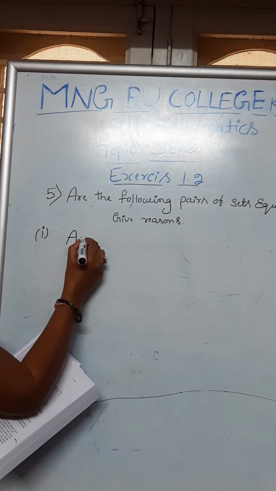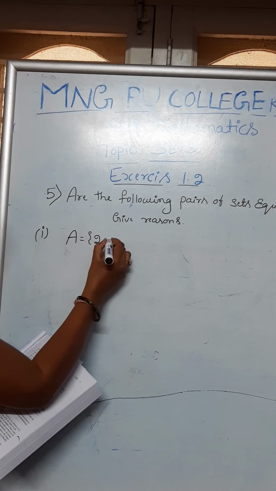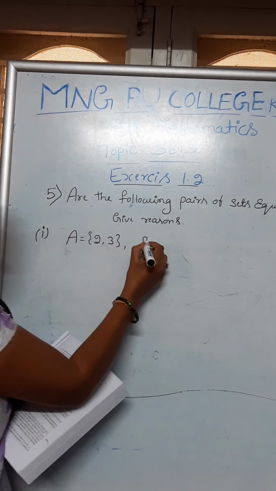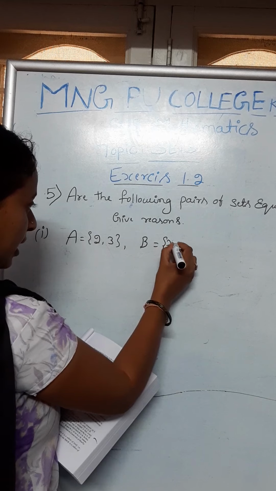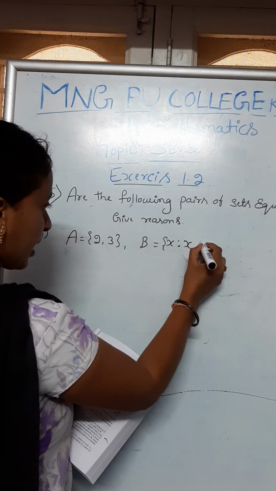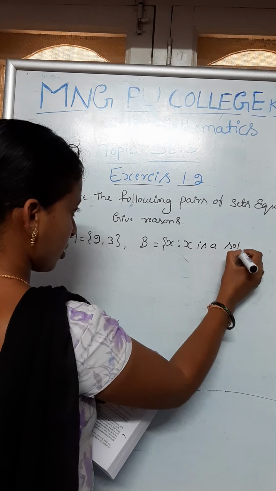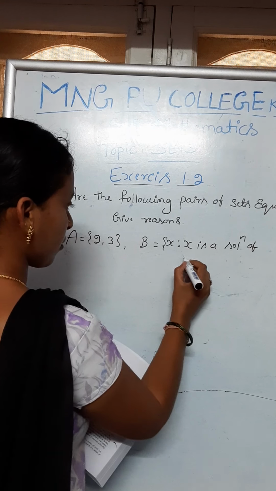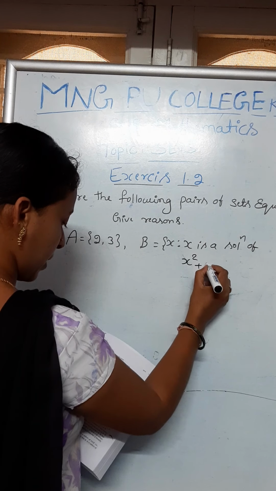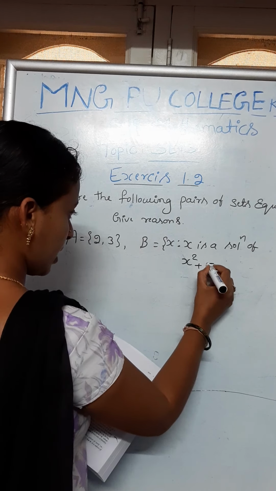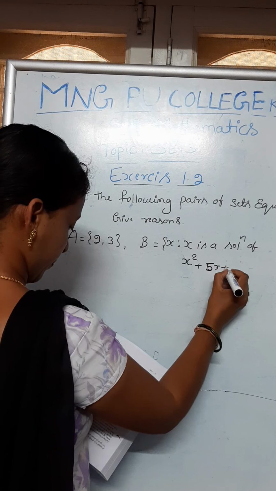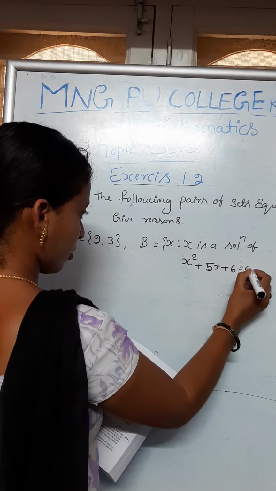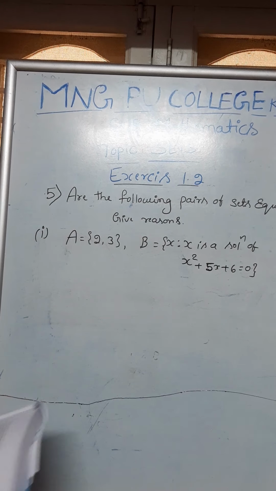set A equal to 2, 3 and set B equal to x such that x is a solution of x square plus 5x plus 6 equal to 0.